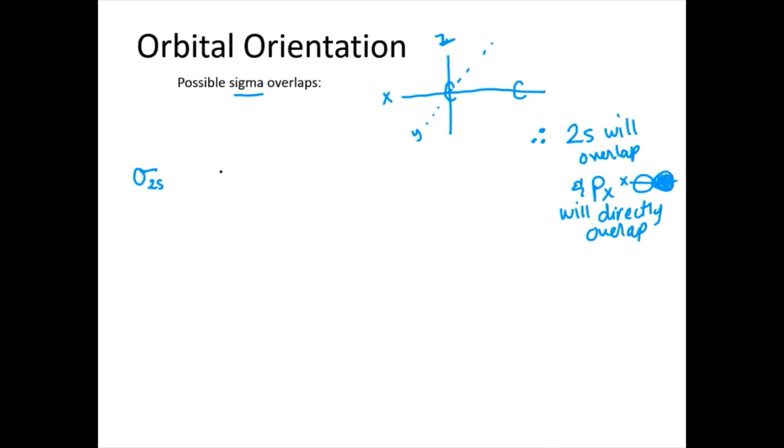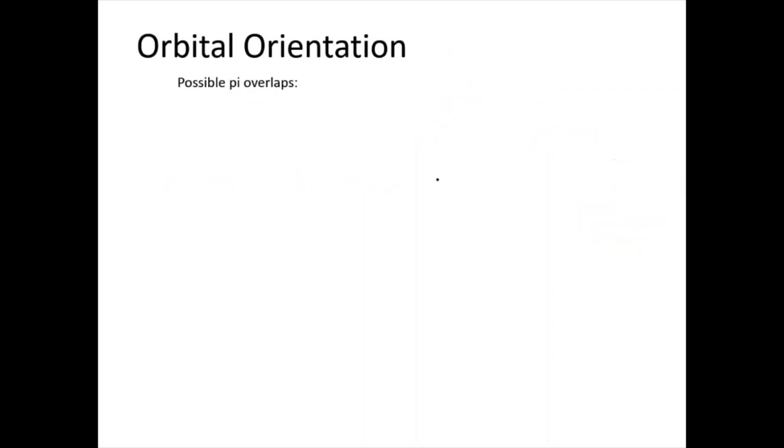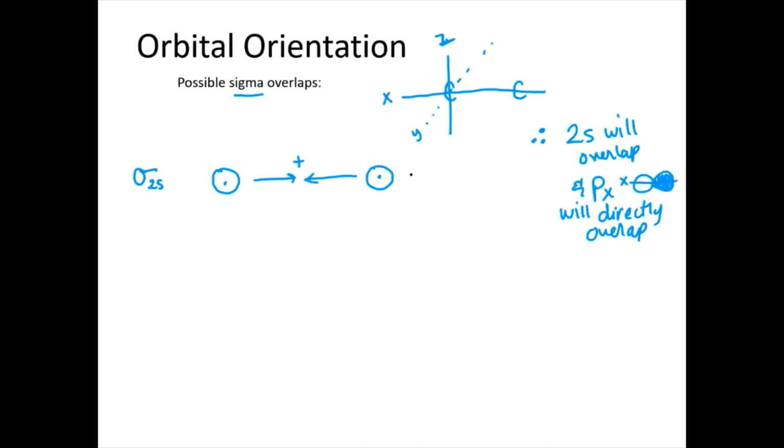Okay, so I'll start off by drawing the 2s orbitals. So the 2s, right, I have the s here, an s orbital here. When I add them together, they combine and form that one big bonding s orbital. Okay, with the nucleus in the middle and the electron clouds going around the two.